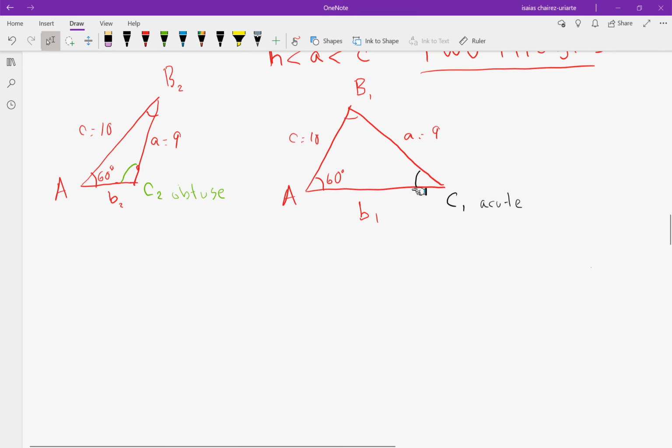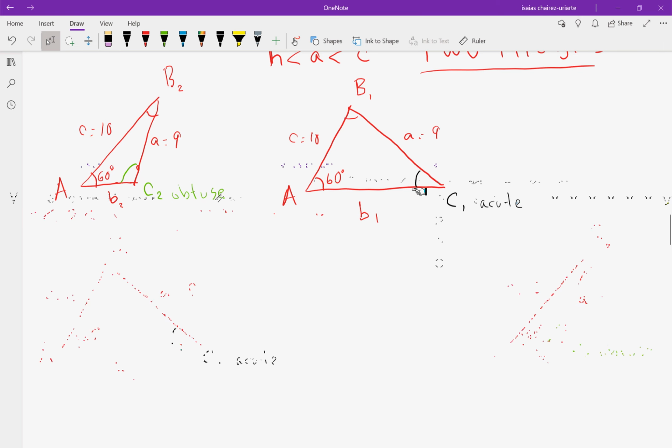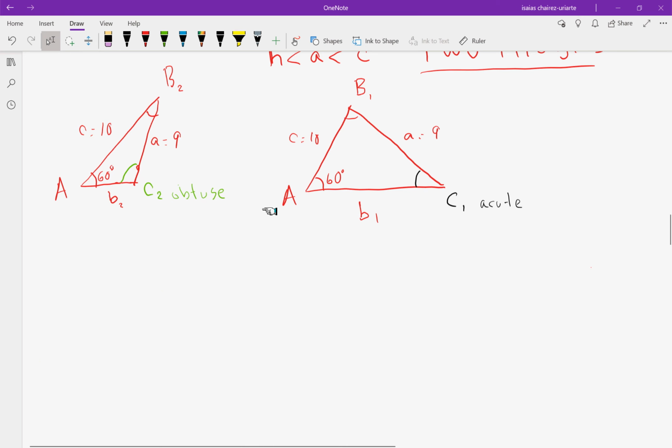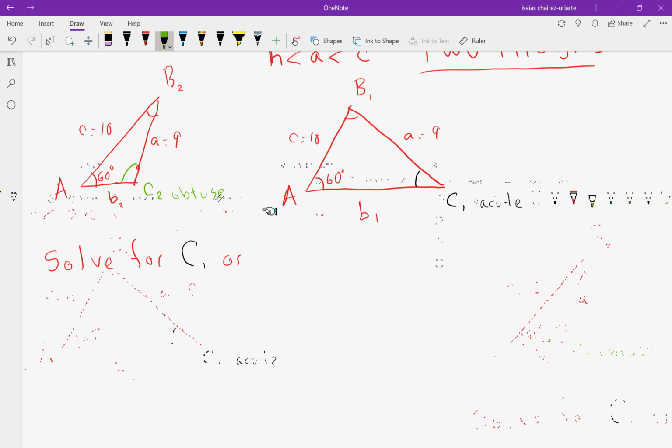So I think my first step here is to try to solve for either C1 or C2. So let's solve for C1 or C2. Which one?